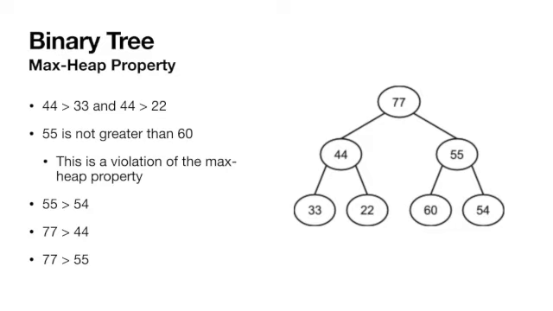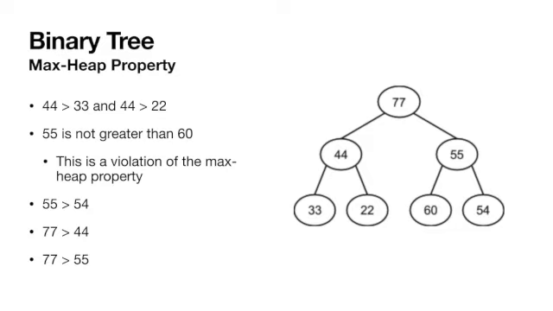For the binary tree itself, we did cover this in our textbook, but just for a general good understanding, we'll see for the max heap property that the root, the top node there, is 77, and it is the maximum key in this specific tree. To verify that the property is true throughout the tree, we see that 44 is greater than 33 on the left side, and 44 is greater than 22, so we know that the left subtree is valid.